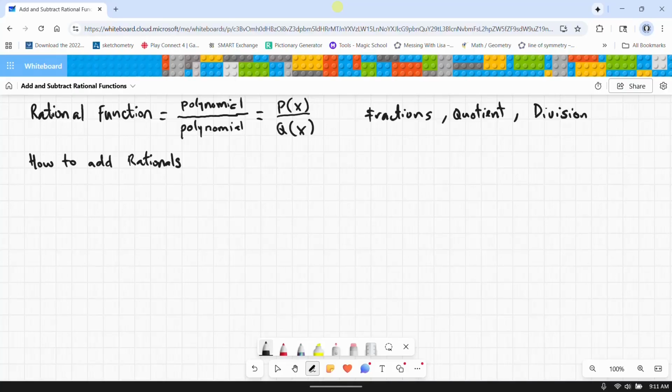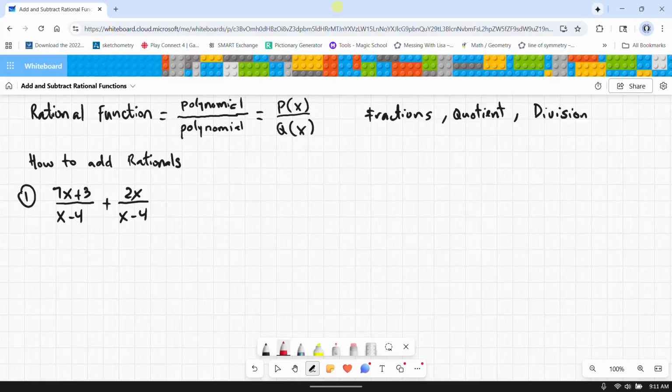For example, this is how we add rational functions. Example 1: we have (7x plus 3) over (x minus 4) plus 2x over (x minus 4).